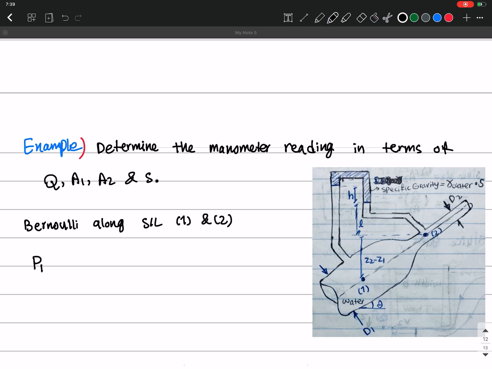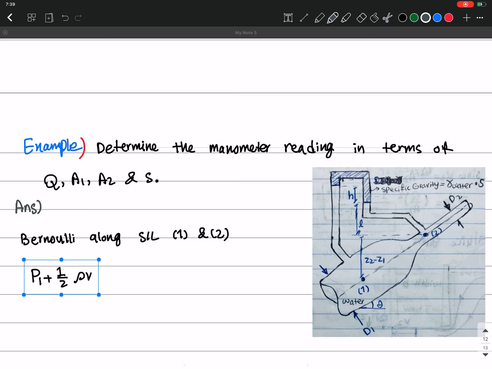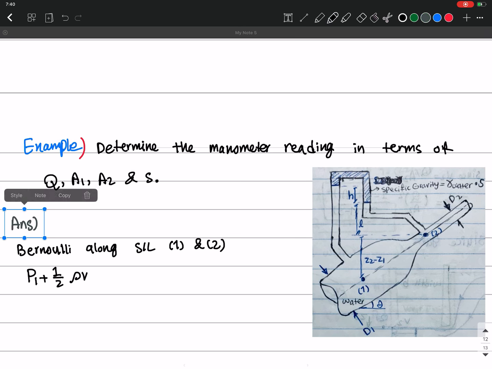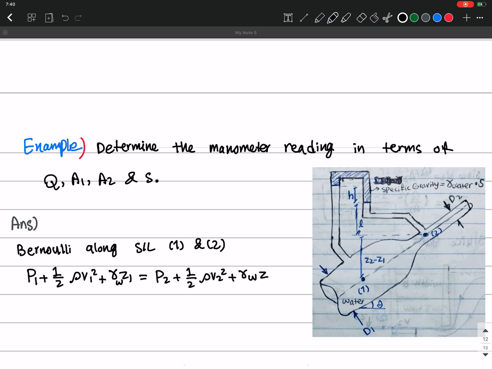So P1 plus 1/2 rho V1 square plus gamma water Z1, equals P2 plus 1/2 rho V2 square plus gamma water Z2.